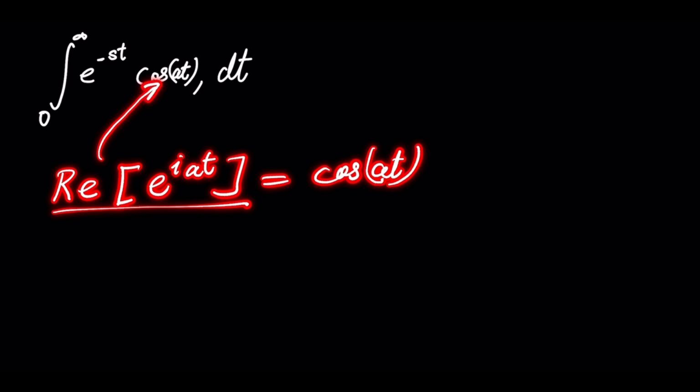Now substituting this part here, we are going to be getting the integrand in exponential form. Now, just like we did in the previous example, we take the negative sign common here.